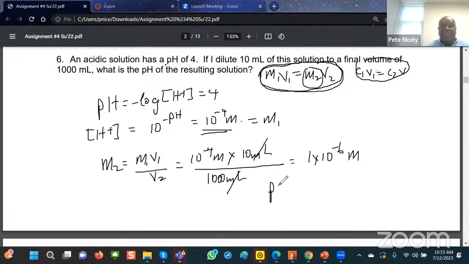So pH would be equal to minus log of 1 times 10 to the minus 6, which works out to be equal to 6.0.